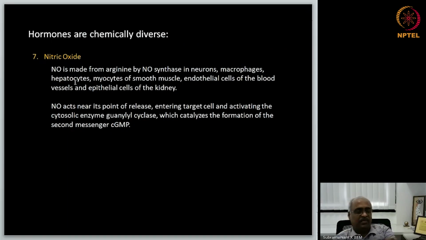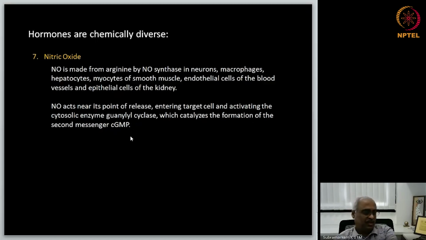They are very popular for their role in smooth muscle relaxation, but they play a very important role in endothelium as well, in blood vessel normal function. These act near the point of release because this is a gaseous molecule.